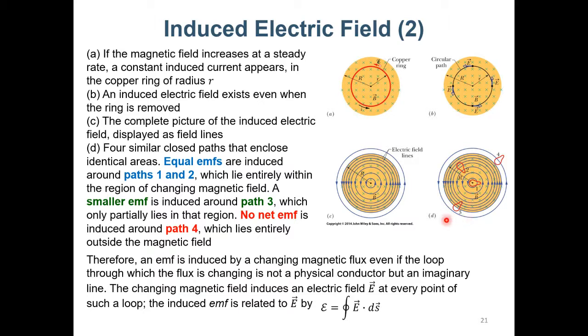However, for path 3, part of this loop is outside the magnetic field, so the changing part will also be smaller. So the induced EMF for path 3 is smaller. And for path 4, this loop is totally out of the magnetic field, so there is no induced EMF for the fourth loop.